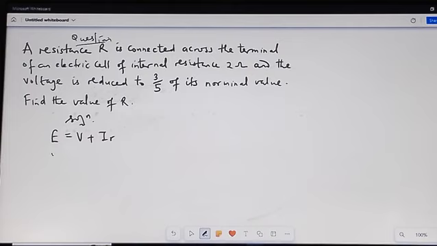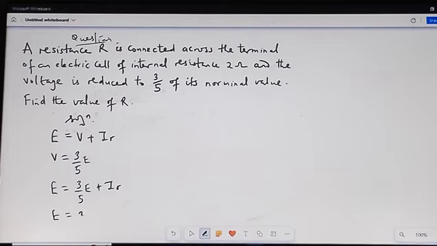So we are told that V is equal to 3/5 of E. We should find the value of R. So how do we do that? Let's substitute this value of V into this expression. So E will be equal to 3/5 E plus IR.